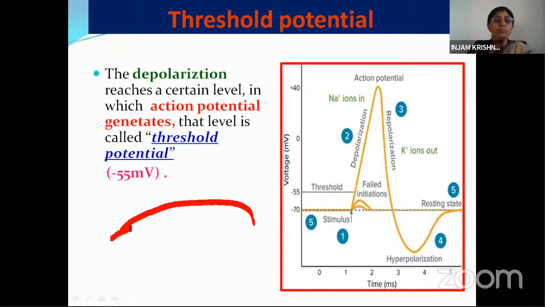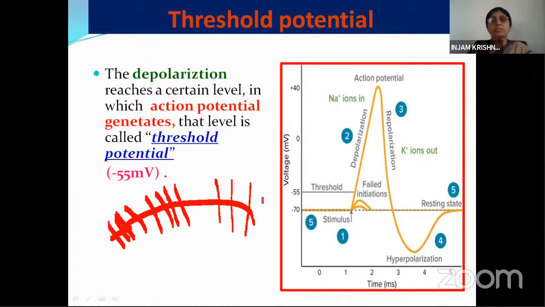Actually, we have channels. Do you remember what channels we discussed yesterday? Sodium-potassium leakage channels, one type. The other type is the sodium-potassium pump, and the third type is voltage gated channels, sodium and potassium again.